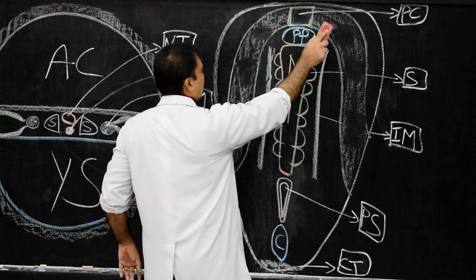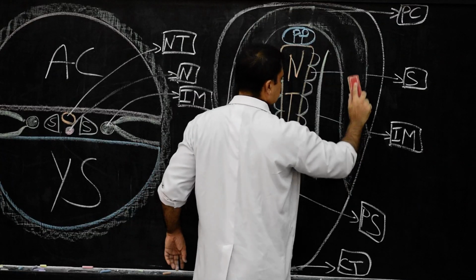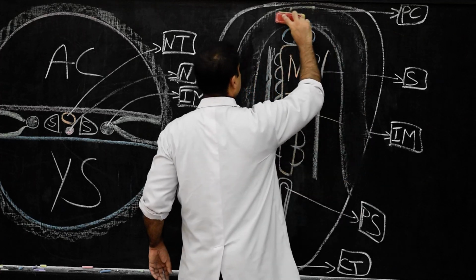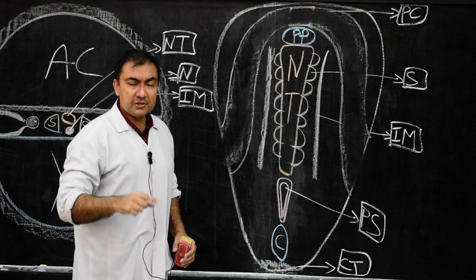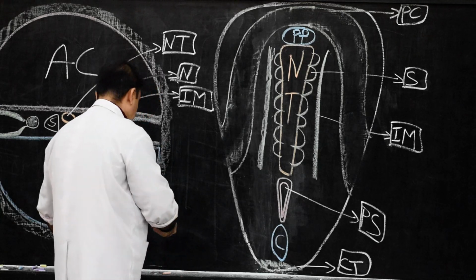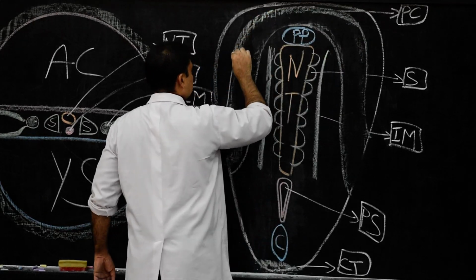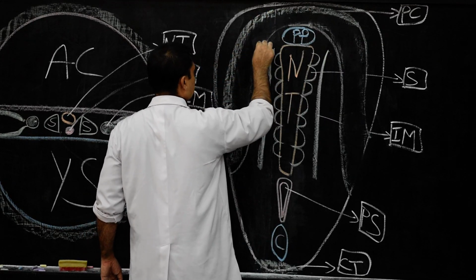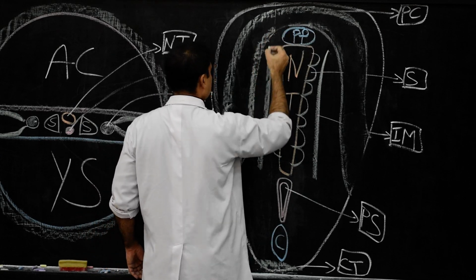As these cavities fuse with each other, a huge horseshoe shaped cavity is created, and therefore here we are going to draw this huge horseshoe shaped cavity.